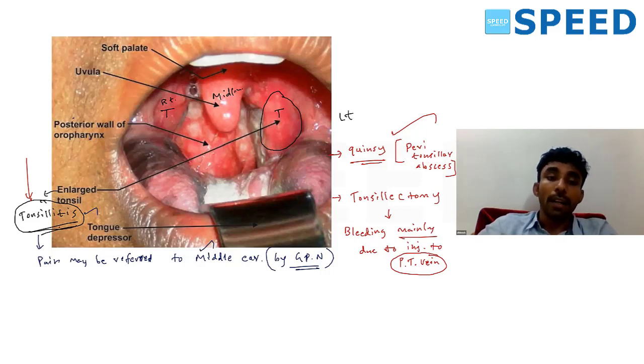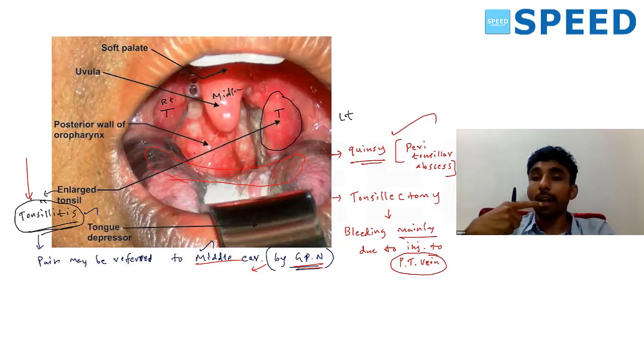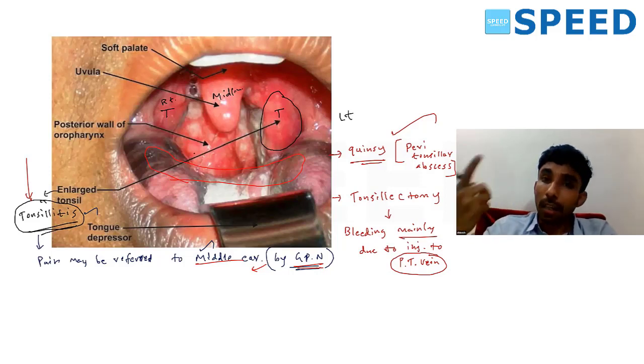Also remember, the glossopharyngeal nerve not only supplies the middle ear, it also supplies the posterior 1/3 of the tongue, isn't it? Already we have studied this when we talked about the innervation of the tongue. In the posterior 1/3 of the tongue, both general sensation and taste sensation are carried by the glossopharyngeal nerve.